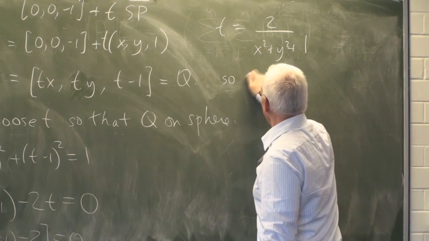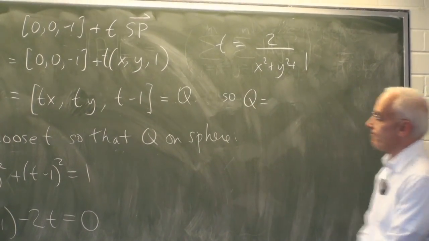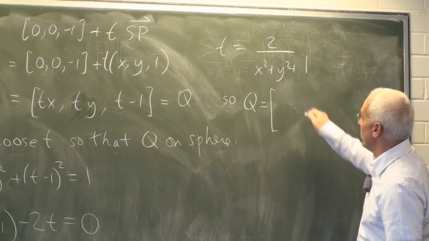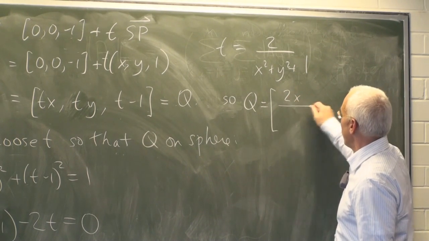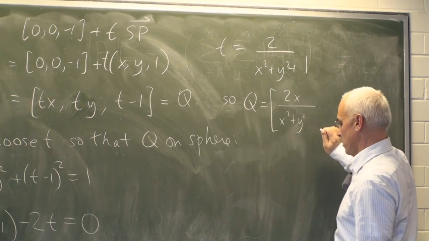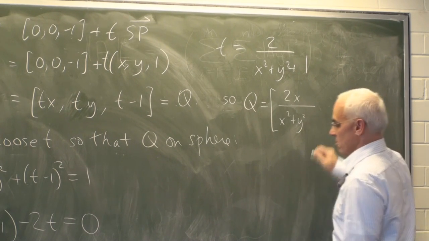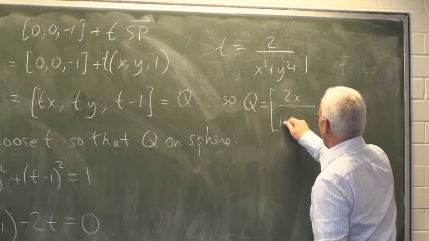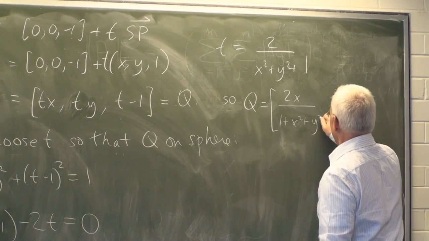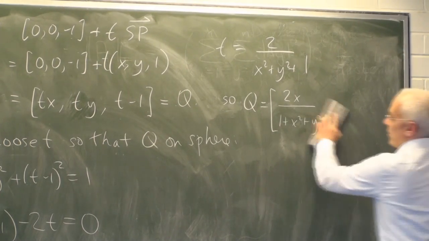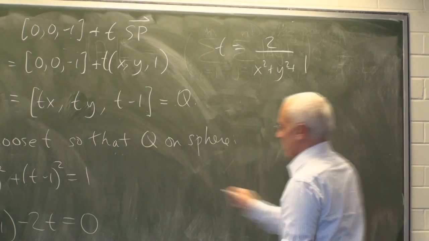So Q is then has 3 coordinates. The first one is 2x over, maybe I'll put the 1 first, 1 plus x squared plus y squared. In fact, maybe I'll move it down here so we can write it all down.